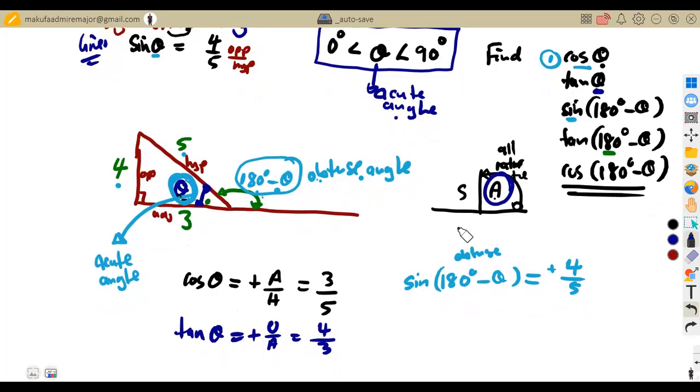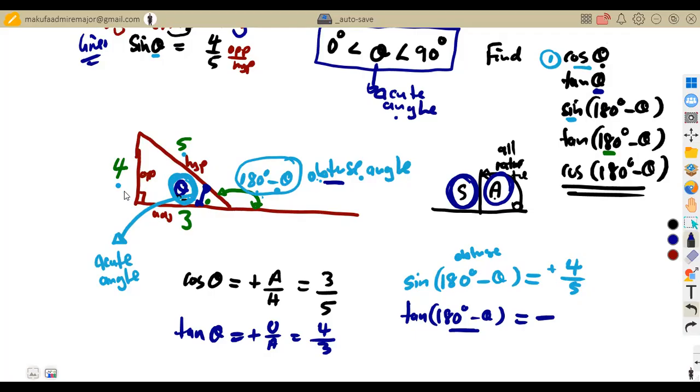Then the same thing with the tan of 180 degrees minus theta, we relate back to say 180 minus theta, according to our diagram, is an obtuse angle. And for all obtuse angles, we know that only sine is positive. So tan is going to carry a negative. Tan and cos carry a negative for obtuse angles. So it's negative of what?